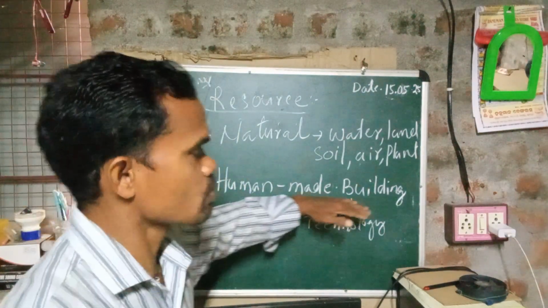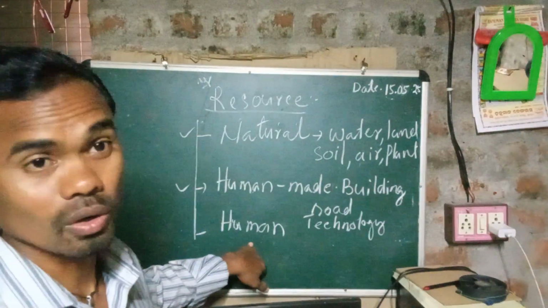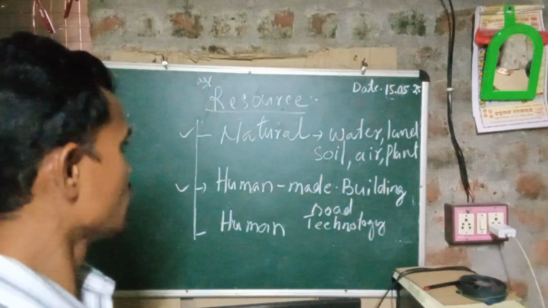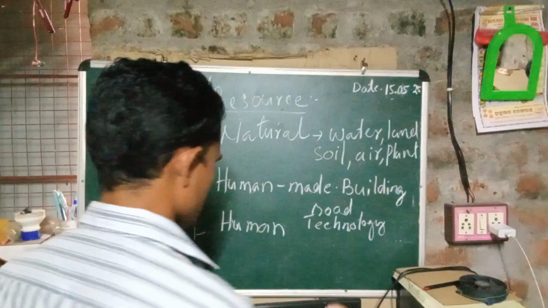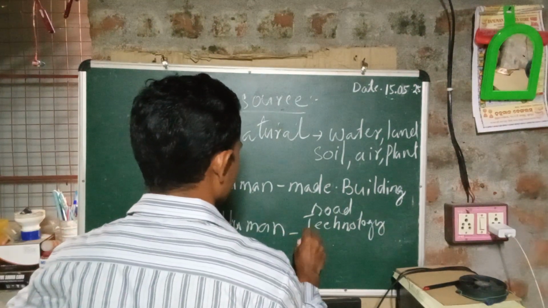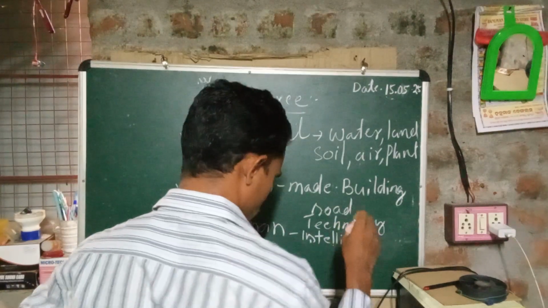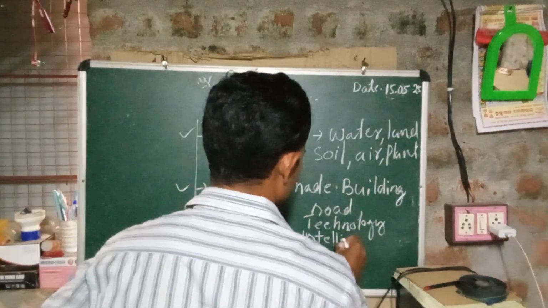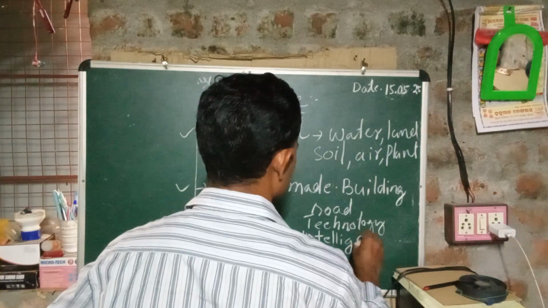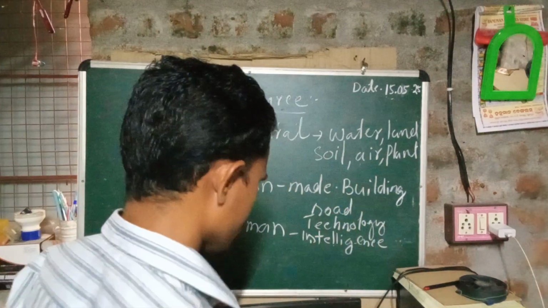To make this building, who is needed? Humans are needed. So human resource is intelligence, or skill.